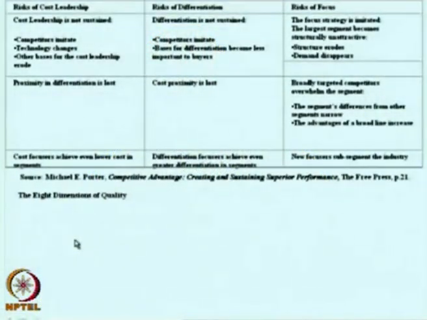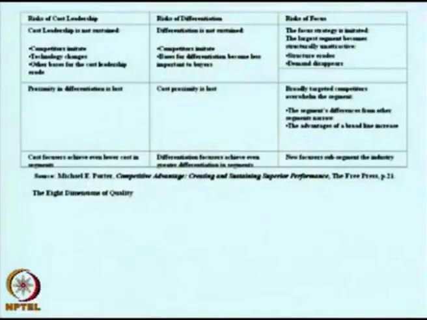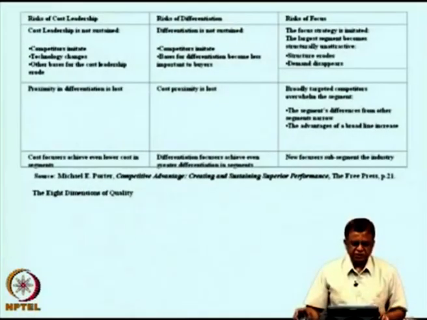I am presenting to you one more table. This table gives you, with respect to the generic strategies of Porter, that is cost leadership, differentiation and focus, the risks that are involved.